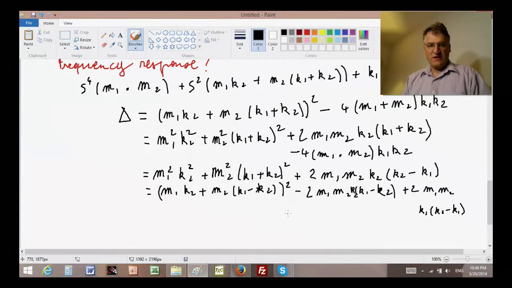Unless we say that there is an additional term, plus 2 m2 squared times k1 minus k2 squared.